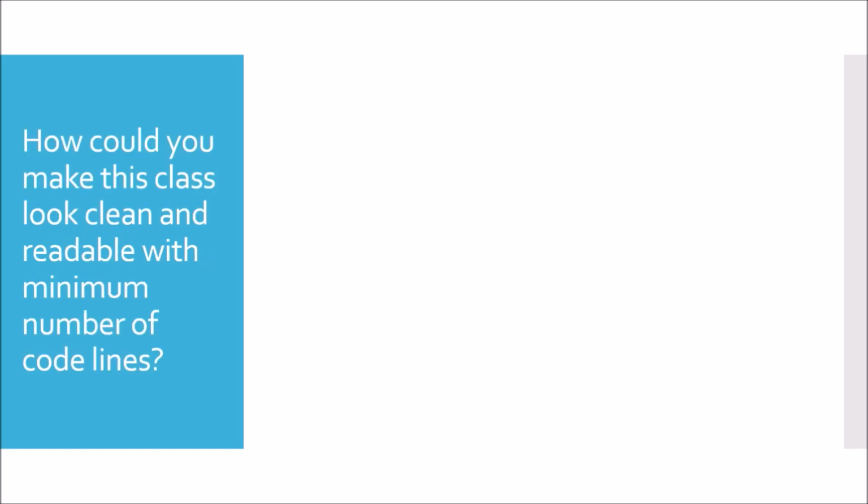How could you make this class look clean and readable with a minimum number of code lines? When I say I want to make this class clean and readable, first remember that the basic functionality needed for an entity class you cannot remove. So you should have a class name, let's say ByteProgramming or something, and you would have fields.